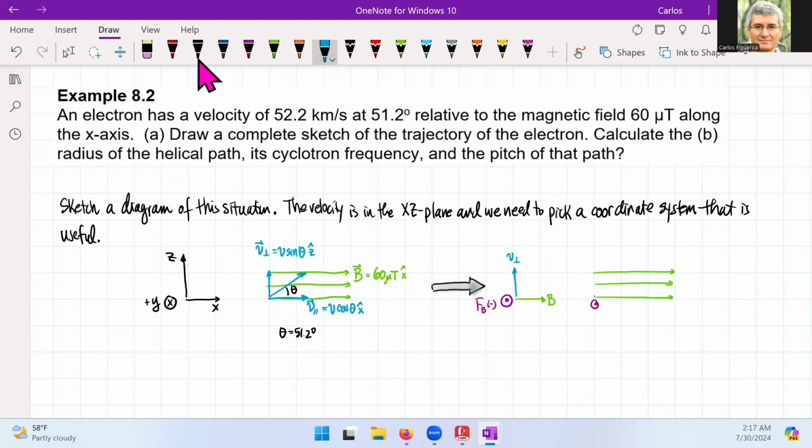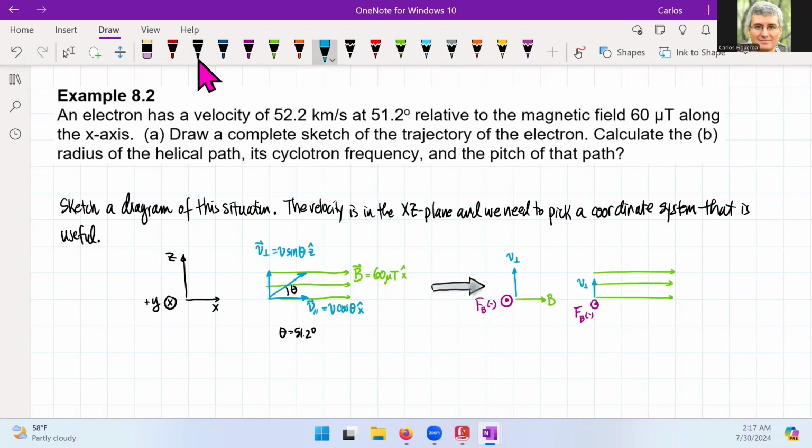What this is trying to make it do is wrap around the magnetic field lines from the back view. Let me draw this out. So I'm going to see my v perpendicular.